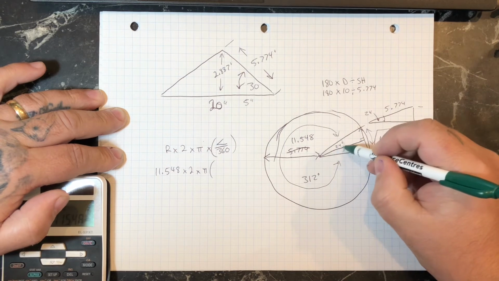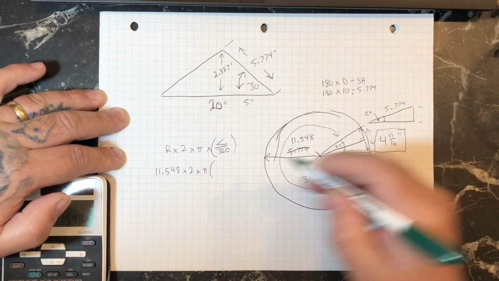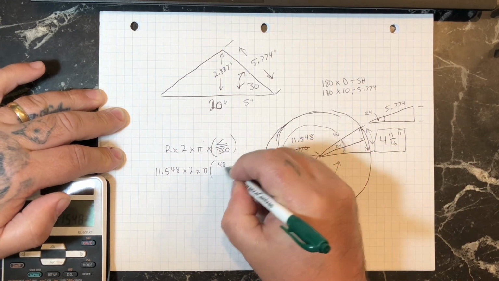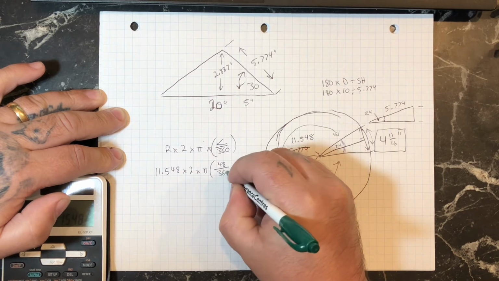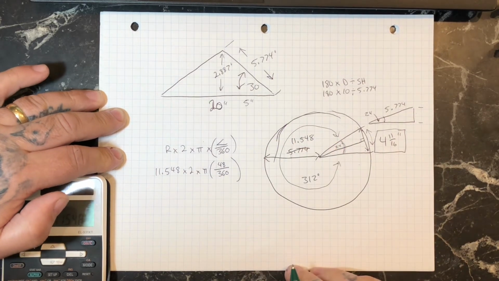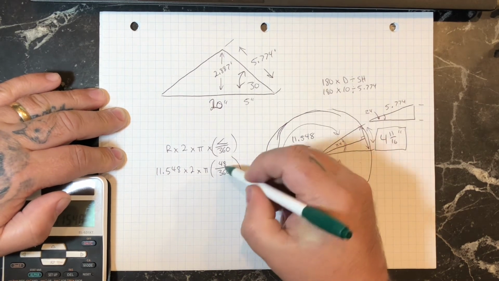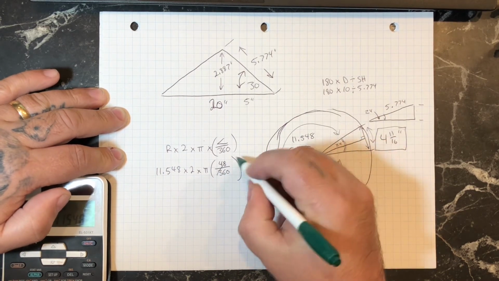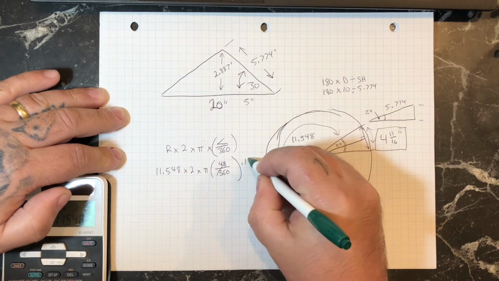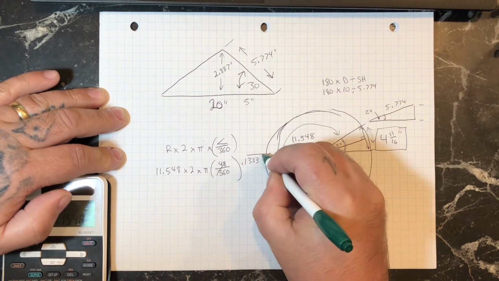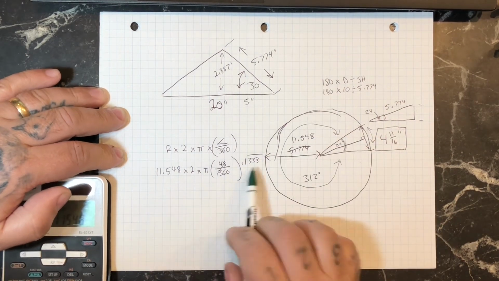We're not using half of the angle this time, we're using the whole one. So 48 divided by 360. I always do this part first. So that 48 divided by 360 ends up being 0.1333 continuing.